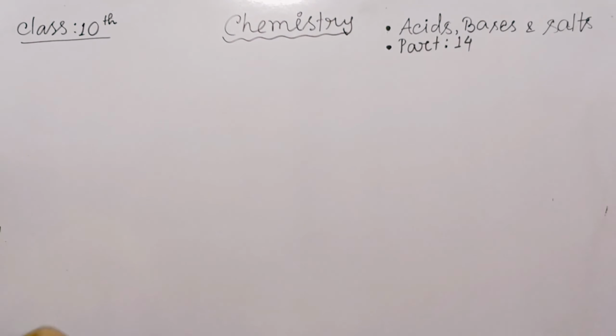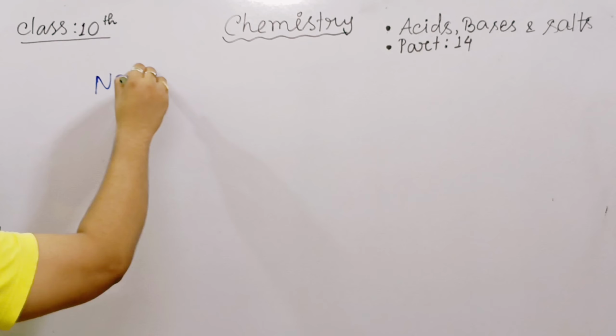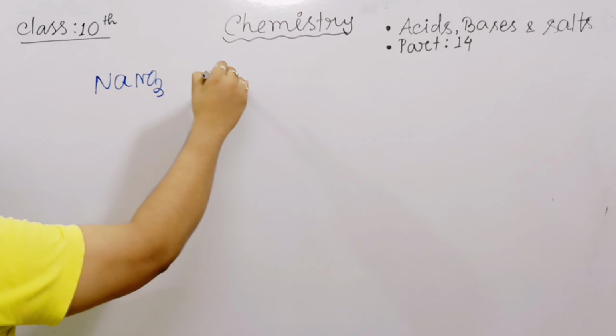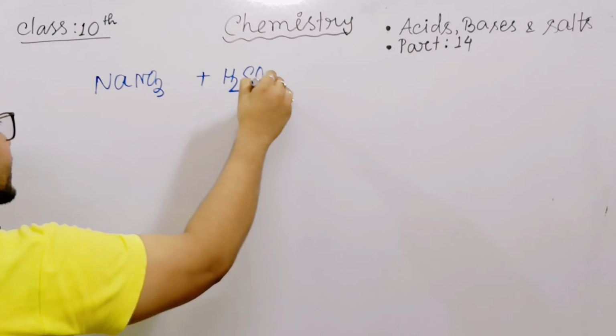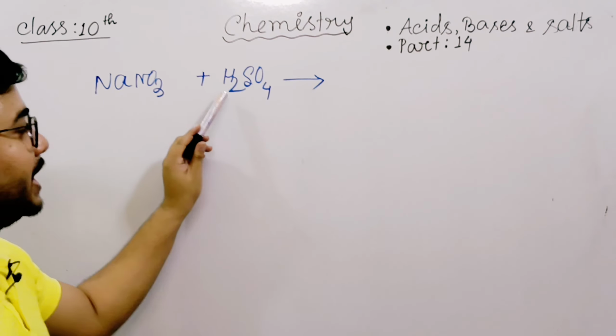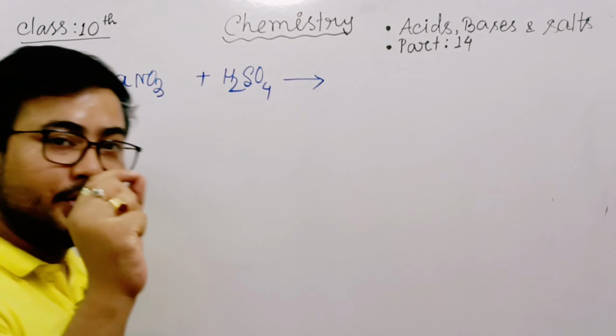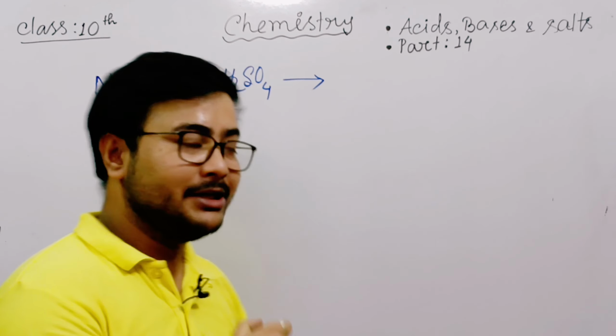Look at the board. Suppose I have sodium nitrate, NaNO3, and sulfuric acid. They react with each other. How many hydrogens are here? 2. Now all of you know sodium is a very active element.